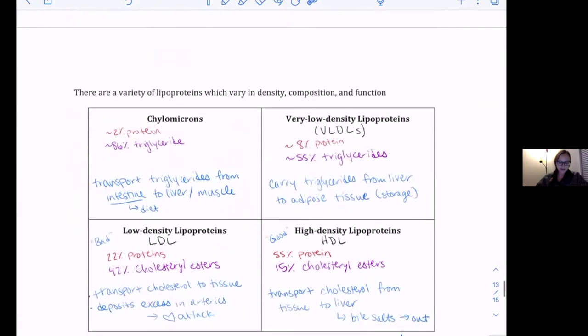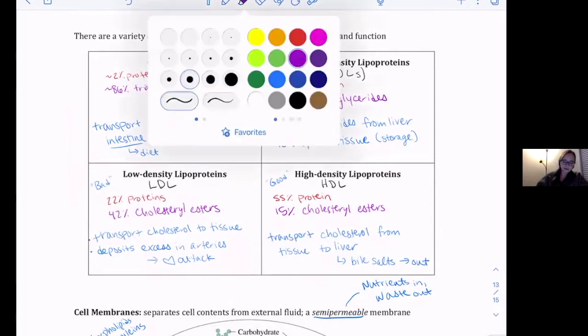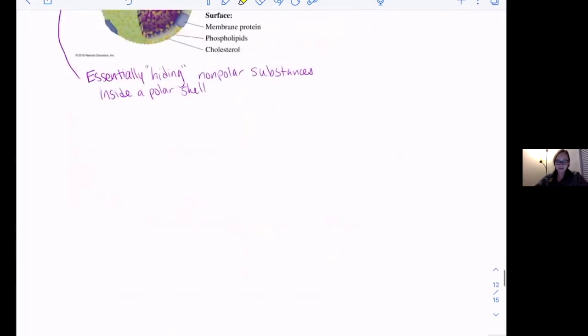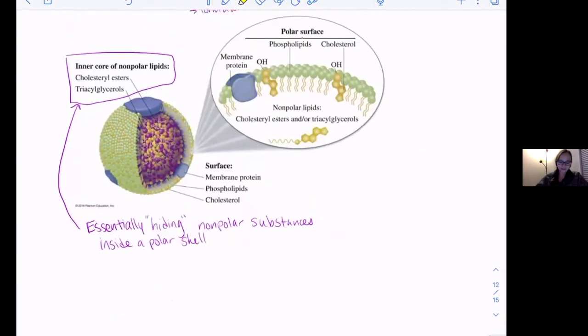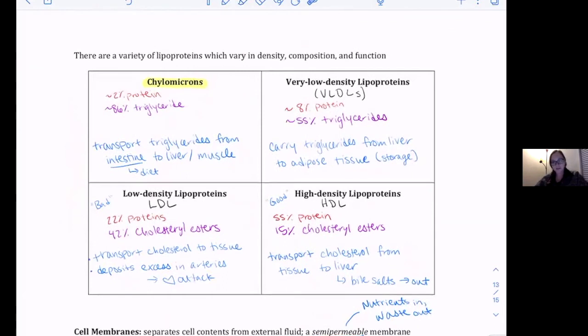So different kinds of lipoproteins vary in density, composition, and function. So there's a variety of different ones that we have here. Chylomicrons have very little protein to them, so very little of these proteins here to let things in and out, but they have a lot of the triglycerides in there.